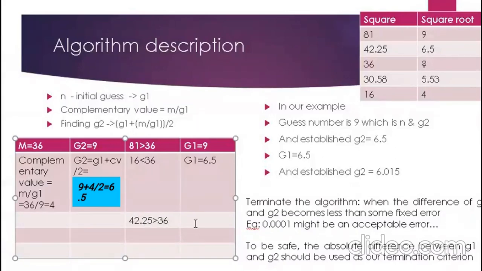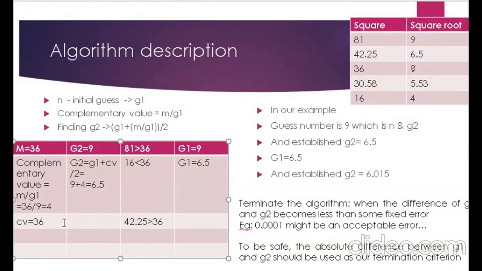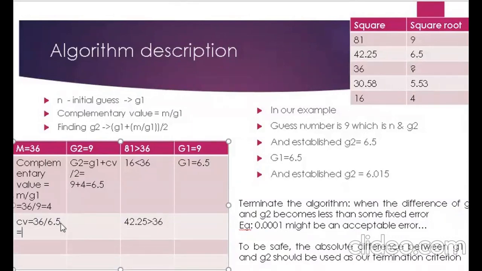So what you will do now, you find the complementary value. How will you find it? 36 divided by the new value of G1, that is 6.5, which you get, how much? You get 5.53. Okay, now you square 5.53, you got the value as 30.53, which is less than 36.